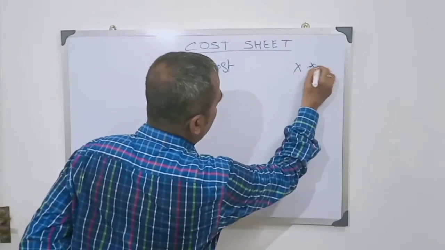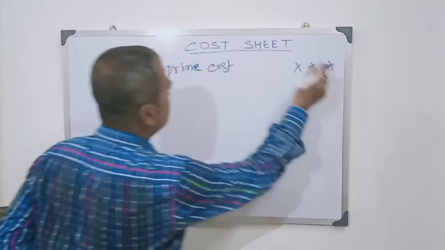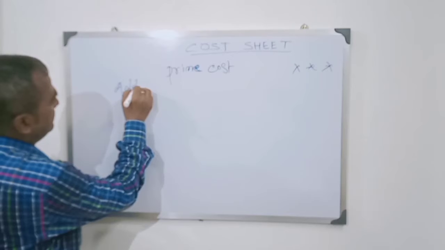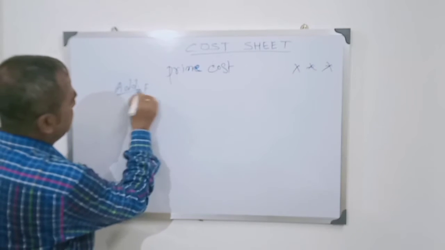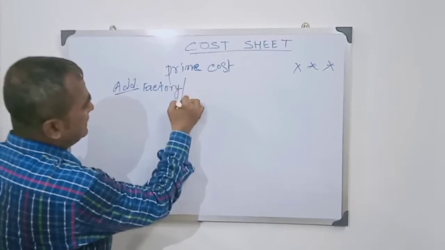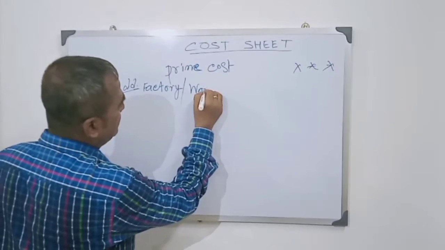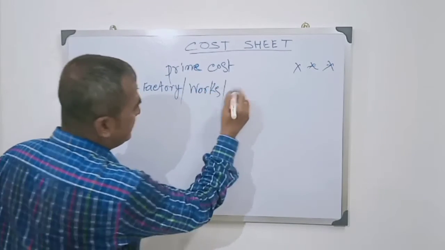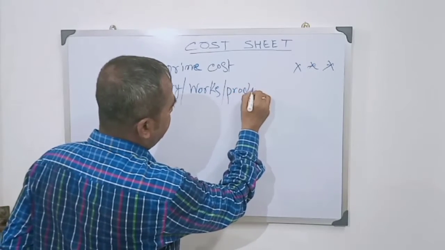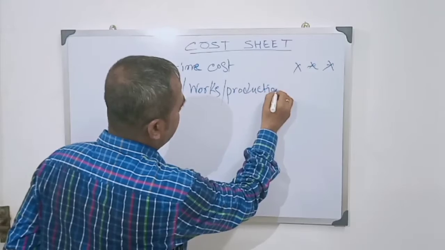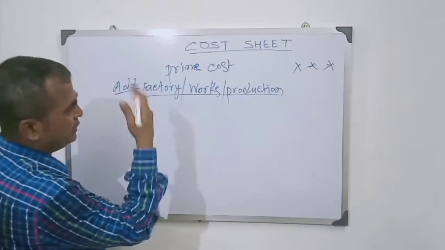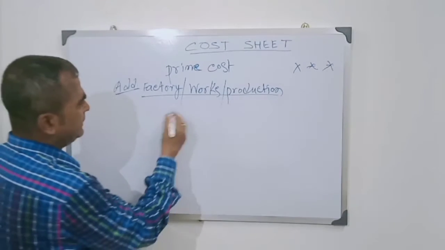All are in values only. Prime cost. Add factory overhead. Sometimes it is called works overhead, or sometimes production overhead. So factory overhead, production overhead, works overhead, whatever the name.